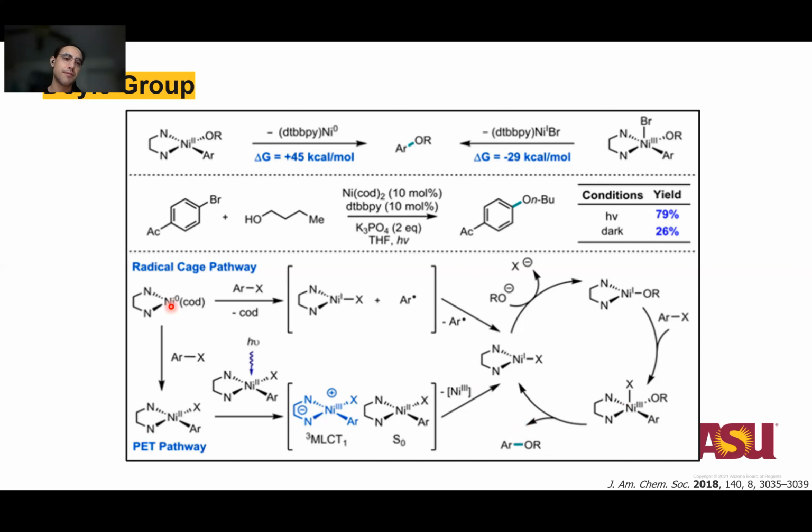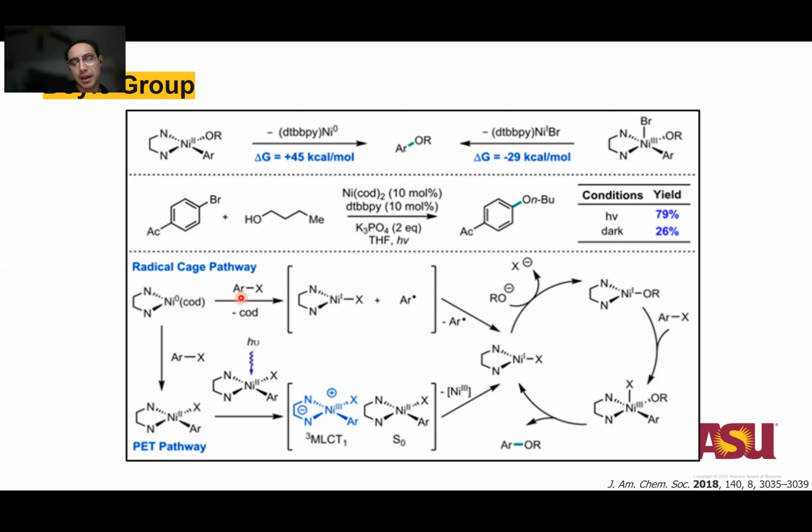And so the radical cage pathway can operate alone without light, albeit a lot slower. And so that was their justification for seeing some of this in the dark.